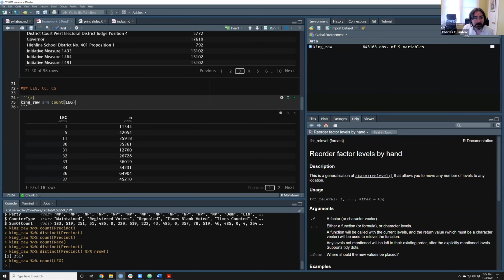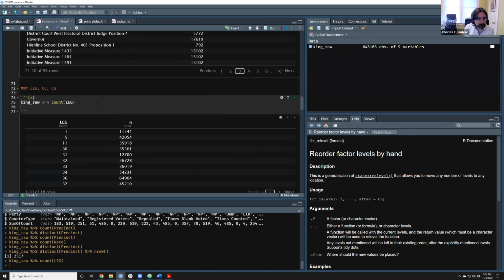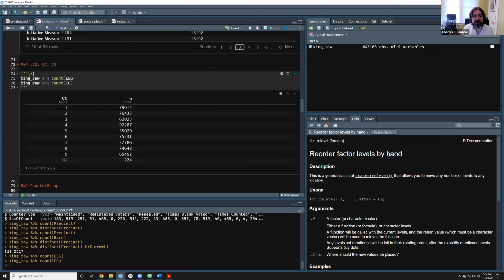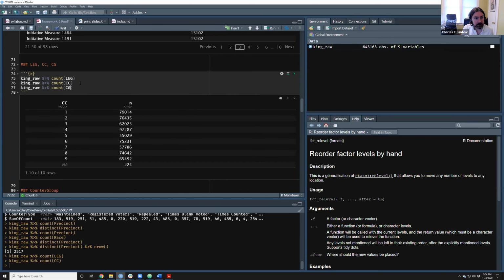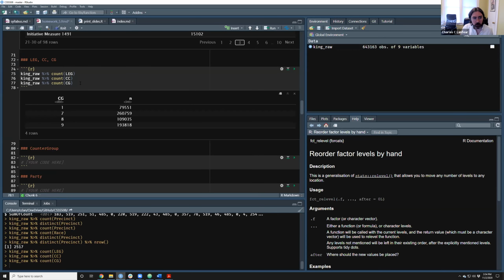Legislative makes sense. Let's take a look at CC. Another one, it goes from 1 to 9 and has some missing values. What might this be? Who knows? I know what it is, but that's just because I've worked with these data a long time. Another one is CG, which only takes 1, 7, 8, and 9.